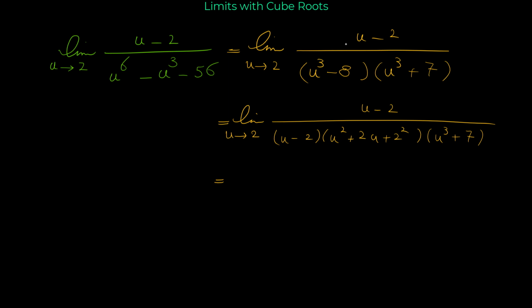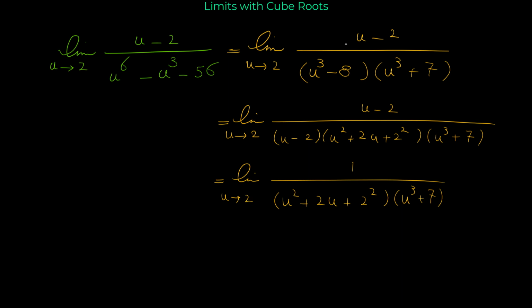If we cancel u minus 2 with u minus 2 from the denominator, we have the limit of 1 over u to the 2 plus 2u plus 2 to the 2 times u to the 3 plus 7 when u approaches 2.